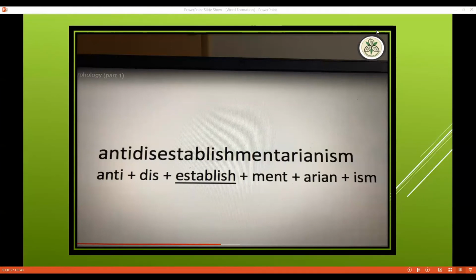There are a couple of prefixes before it, anti and dis. After establish, which is a stem word, we have -ment, -arian, and -ism. Each of those suffixes is meaningful. If you combine all of them together, we have six morphemes.